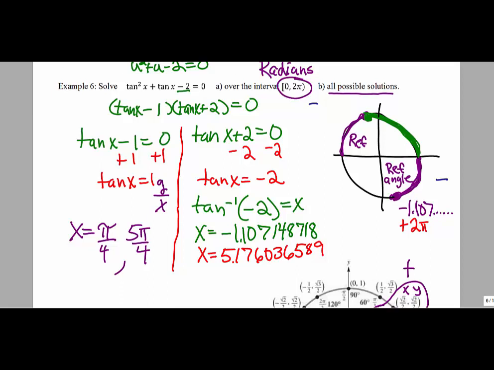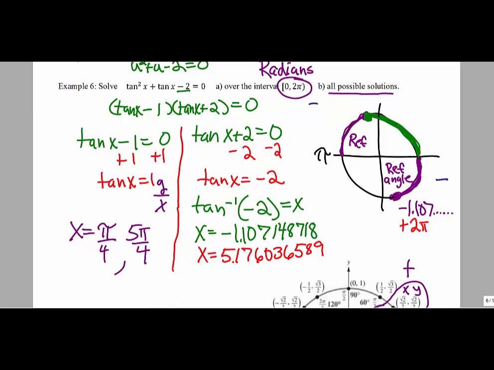let's think about what we're working with here. If I did a half rotation, that would be a radian value of pi, but we don't want to do a half rotation. We want to stop just this amount short of a half rotation. So we're going to subtract from pi.